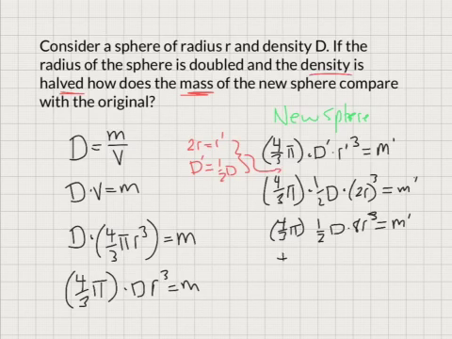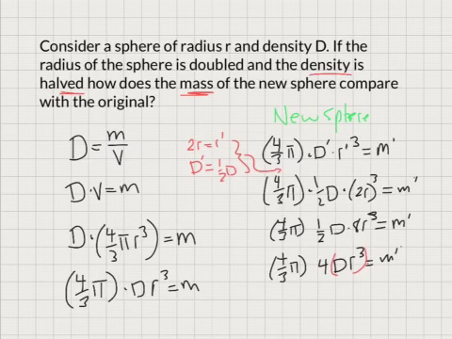Finishing this out, there's our constant, and 1/2 times 8 gives us 4d r cubed equals mass prime. Now I'm going to group this part right here, and you'll notice what it actually is.